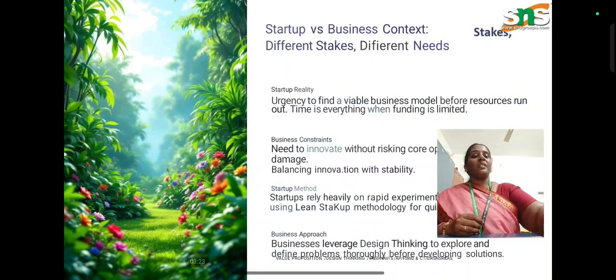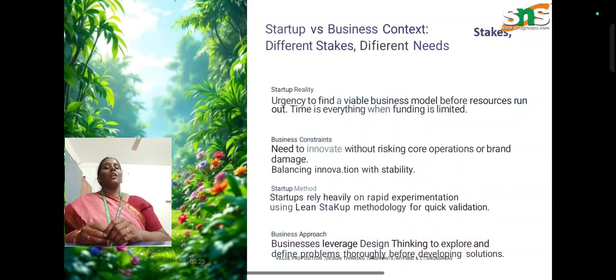So the next one is startup and business, with different stacks and different needs. There is urgency to find a viable business model before resources run out. Funding is limited. Needed to innovate without risking core operations or brand damage.